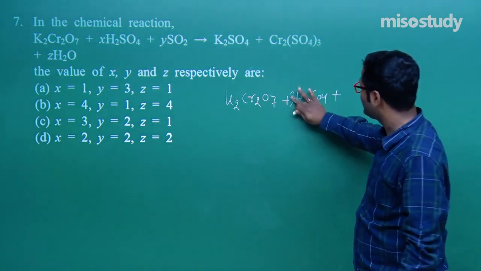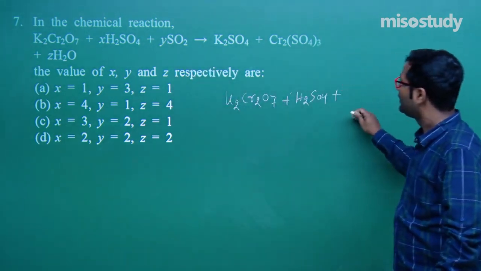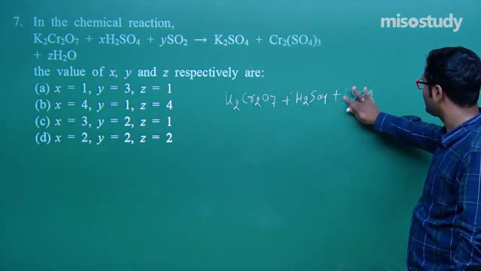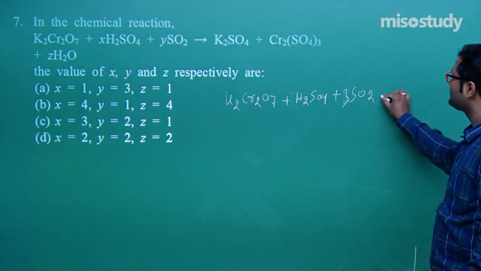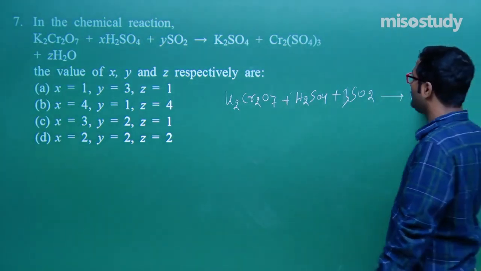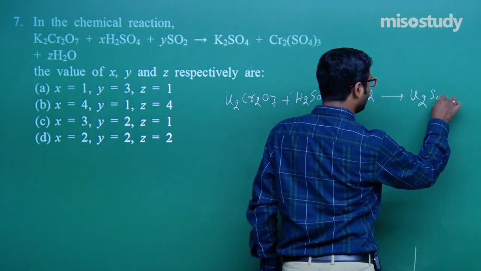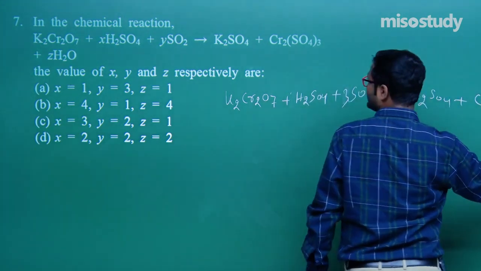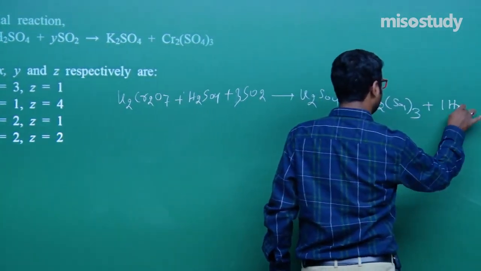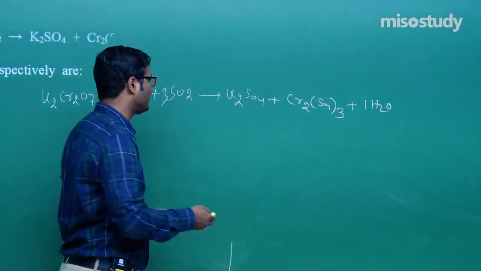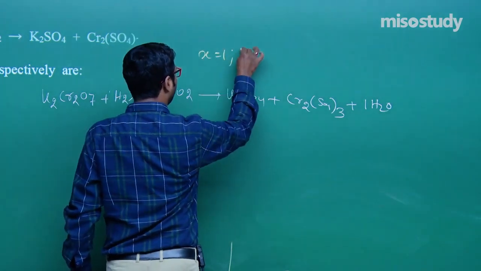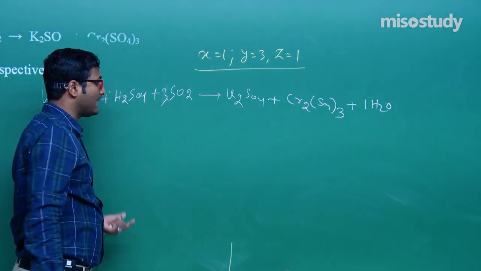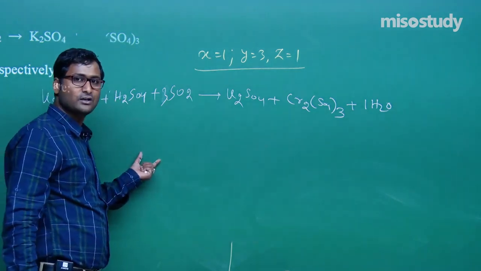So K2SO4, then Cr2(SO4)3 and plus 1 H2O, because I have taken the hit and trial method, that is x is equal to 1, y is equal to 3 and z is equal to 1. Now after putting, look at, is this a balanced equation or not?